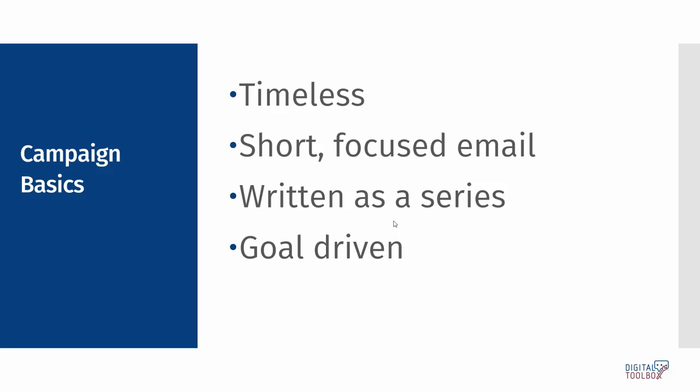We have follow-up campaigns that ran literally for years. So timeless. Keep the emails short. Keep them to the point with one call to action. Write them as a series so they build on what you've sent before, and goal-driven. There should always be some kind of action that you invite the reader to take.